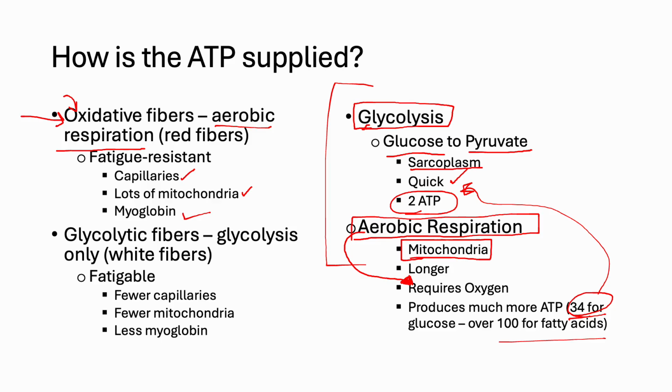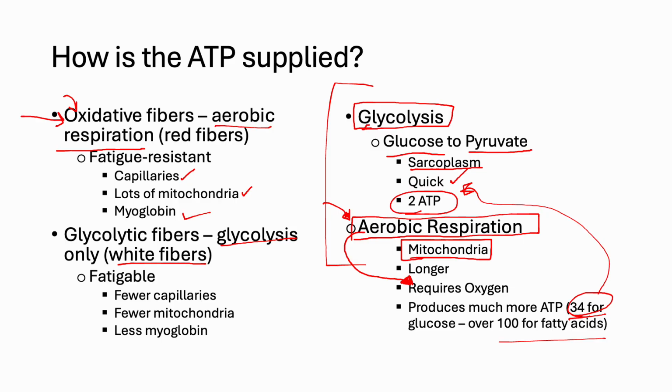Glycolytic fibers are those that, as it sounds, produce ATP primarily with glycolysis only. Because they're not going through the aerobic respiration process, they don't have as many mitochondria, capillaries, or myoglobin. It is the presence of the myoglobin, the mitochondria, and the capillaries that makes fibers look red, so if we have less of that, they appear more white.